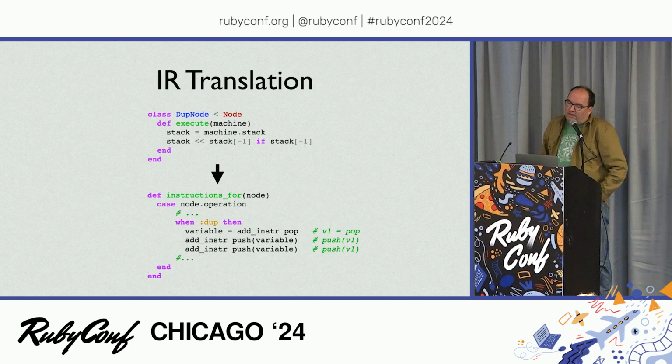Here's a translation from the dup operation in the graph, where we just take the top element of the stack and duplicate it. And now for the new IR instructions, I'm going to actually make 3 instructions where I pop the top element and I just push it twice, for reasons.